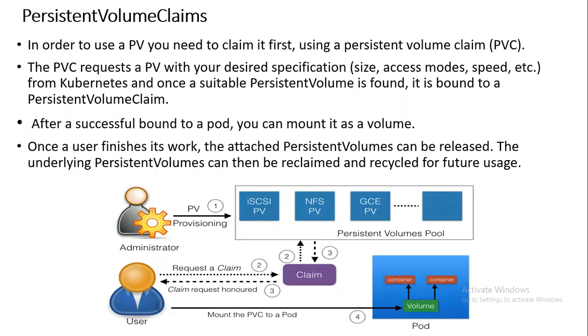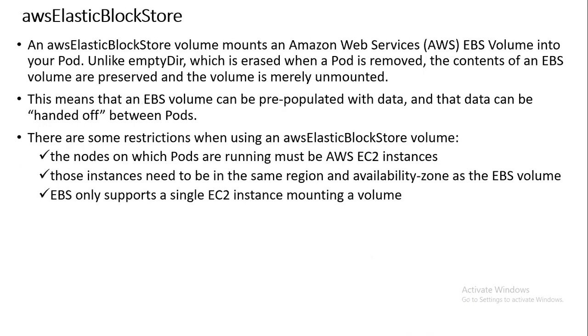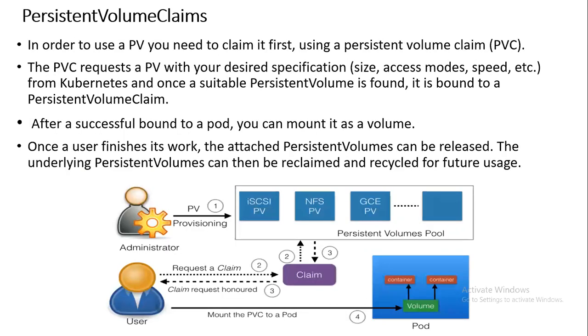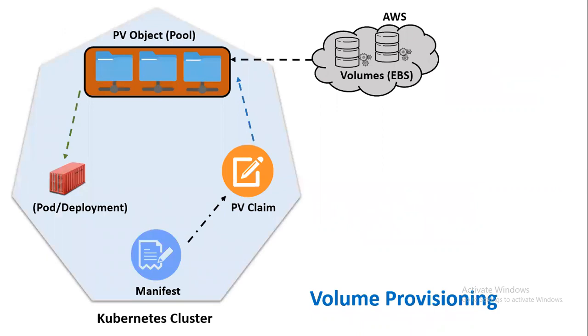Usually administrators will be creating the persistent volume, and as a user or someone who's trying to do the automation for deployment, you need to define the claim. Okay. To understand this, we will go back to this diagram. First, I need to create a storage, and for this I will use AWS.